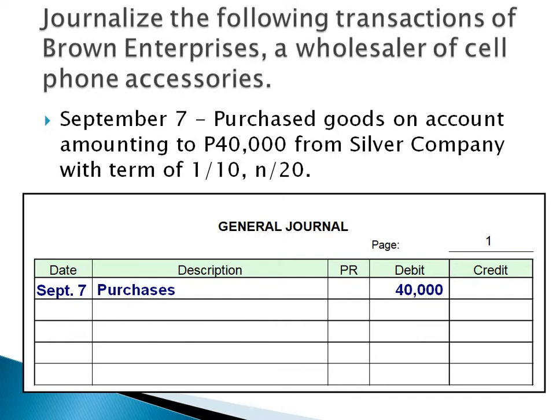Now, you may want to ask, shouldn't we debit the account name merchandise inventory? Because when Brown purchased or bought goods or merchandise, its asset merchandise inventory increased. Actually, you are correct in saying that Brown's merchandise inventory increased. But please remember this.